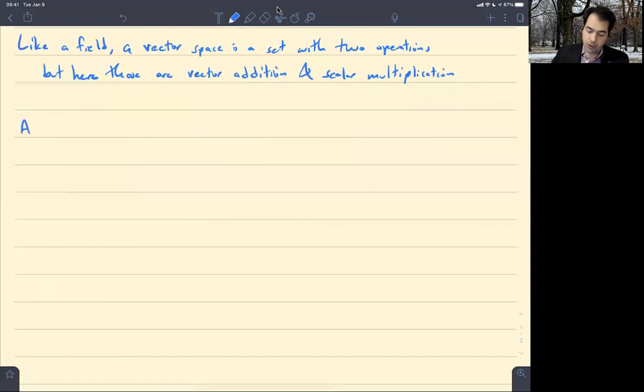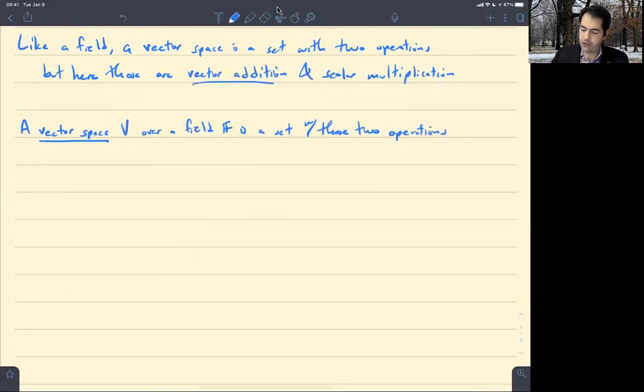Okay, so here we go. A vector space V over a field F is a set with those two operations, vector addition and scalar multiplication, and a distinguished element, zero.